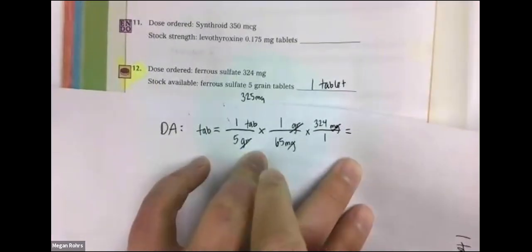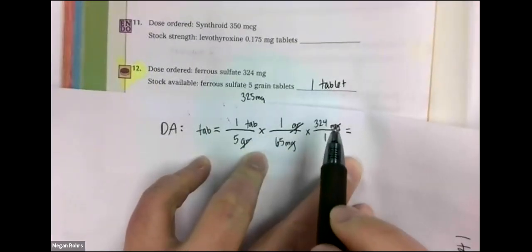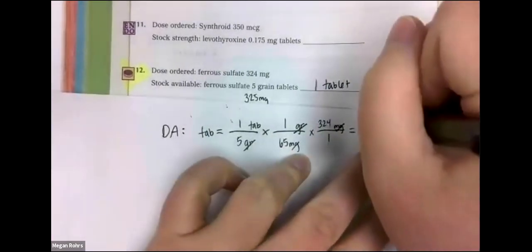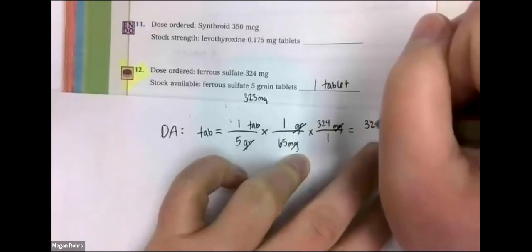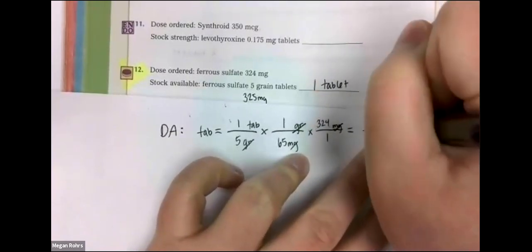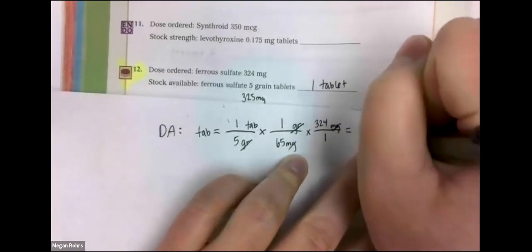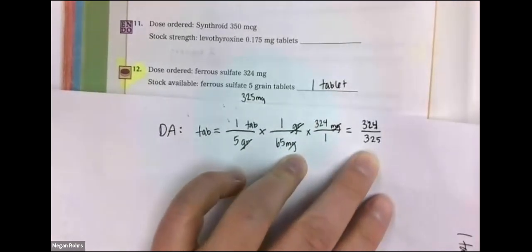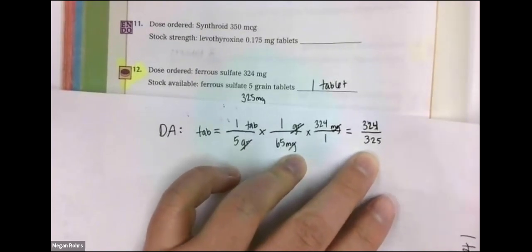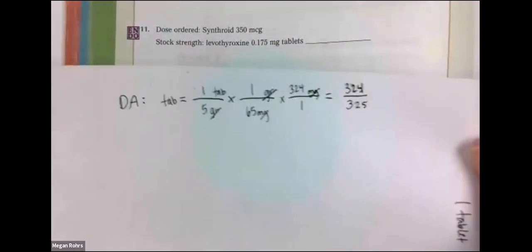So now we can solve. So 1 times 1 times 324 is just 324. 5 times 65 is 325. If we divide that, this is what I meant by you'll get that 0.996.